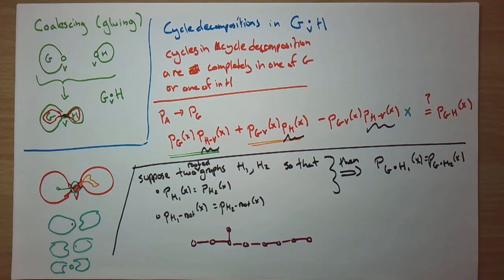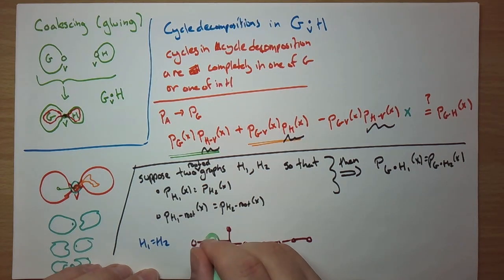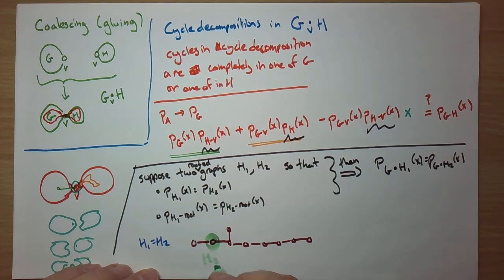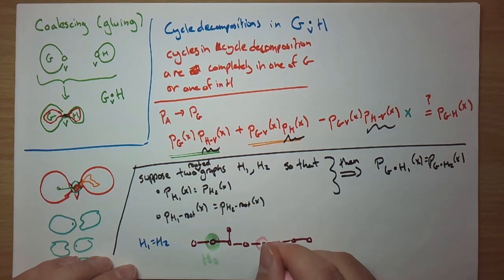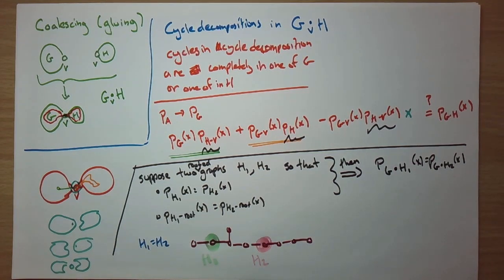And at this point you're like, haha, it's easy. As long as H1 and H2 are the same, then you haven't done anything. Except, what haven't I said? What the roots are. So we'll put one root here. Call it H1 if you have that root there. And we'll put the other root here. Call that one H2.